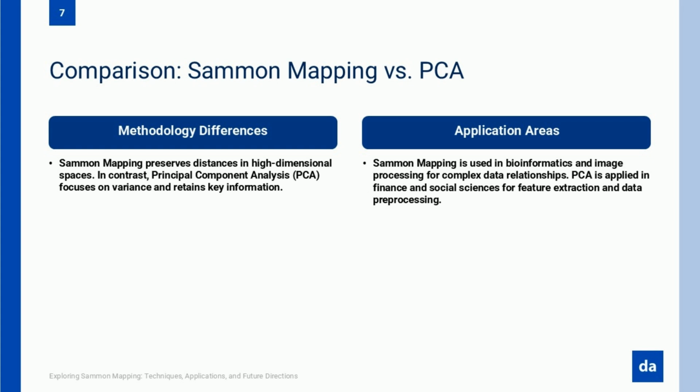However, if your dataset contains complex, nonlinear relationships like biological sequences, facial recognition, or clustering problems, Sammon mapping can give you a much more accurate, lower dimensional representation. The trade-off is that it takes more computation and requires careful parameter tuning to get the best results.